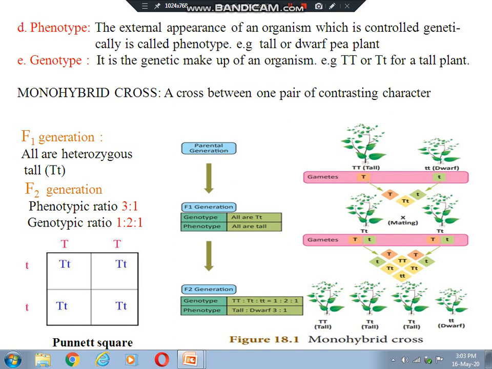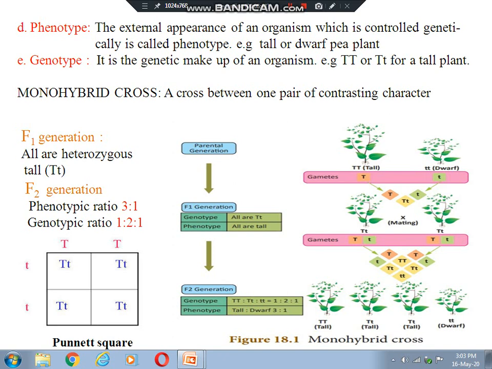So these two are the parent plants. That is why on the left hand side parent generation is written. So when crossbreeding is done between these two plants, the tall plant will produce gametes. All the gametes will be single capital T, and the dwarf plant will produce gametes and all are small t.